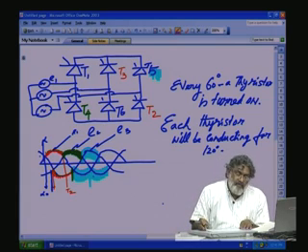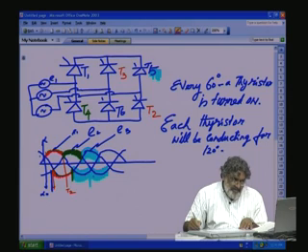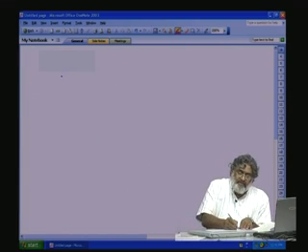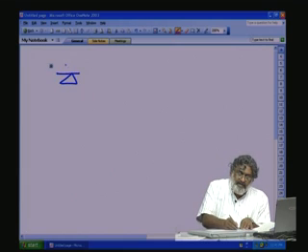See here, let us go to the next page. As before, for the single phase and 3 phase midpoint configuration, we can connect a diode.